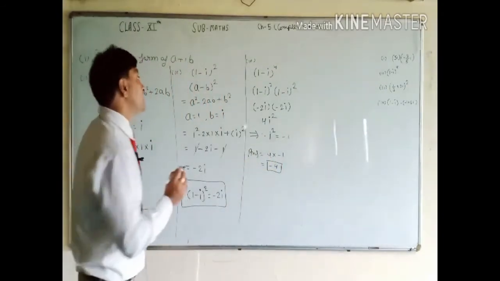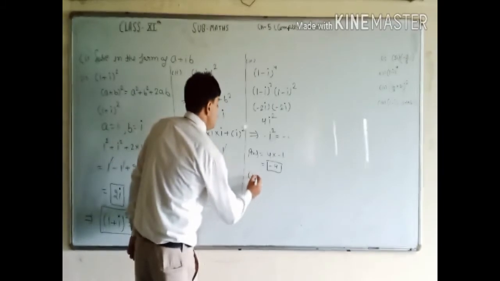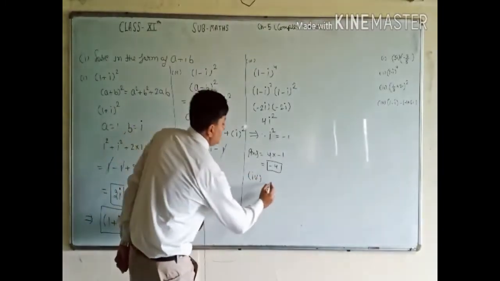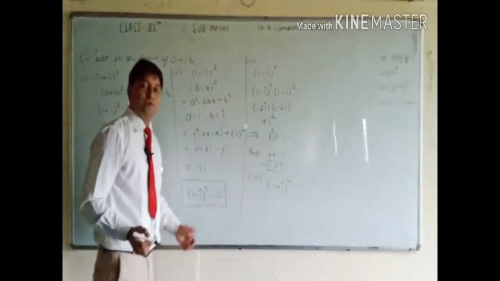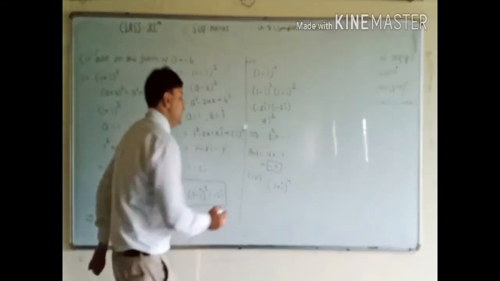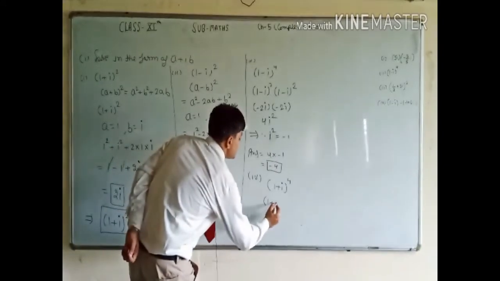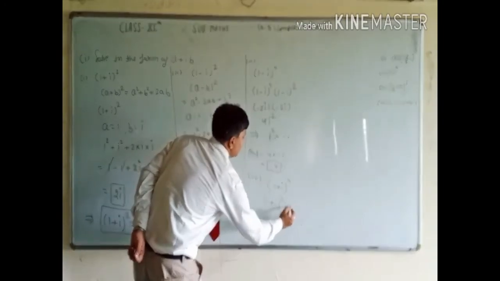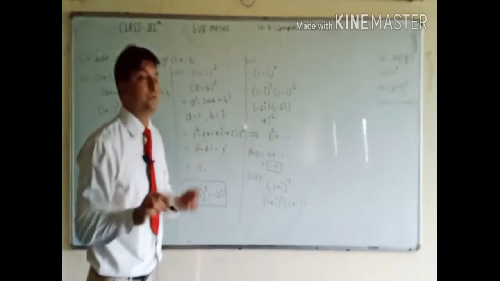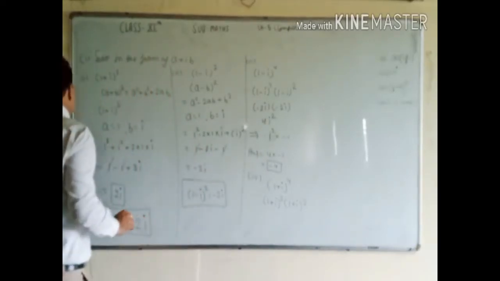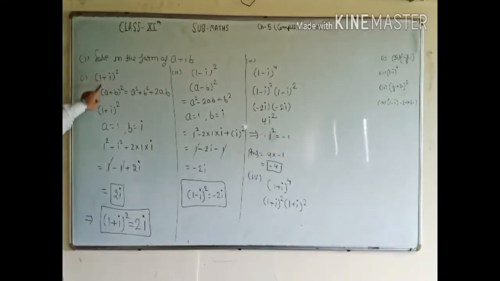The question number 4 is 1 plus iota power 4. We know that this is the multiple of 1 plus iota square and 1 plus iota square. By the previous result, we know that the answer of 1 plus iota square is 2 iota.